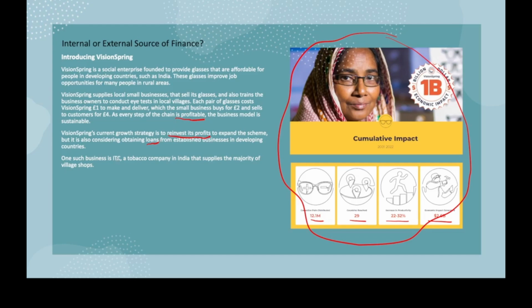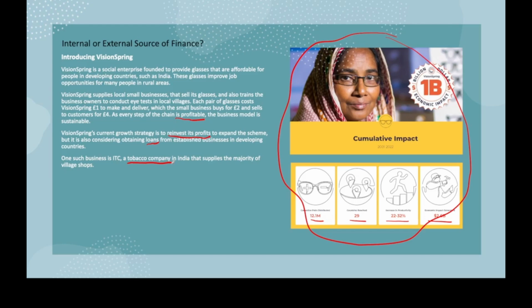One such is ITC, a tobacco company who supplies the majority of village shops. Okay, so one of the sources of finance are other companies, but they're going to borrow the money from the tobacco company. Now, I'm thinking this social enterprise is very ethical, and last time I checked, tobacco will probably kill you. So maybe not the most ethical of companies.